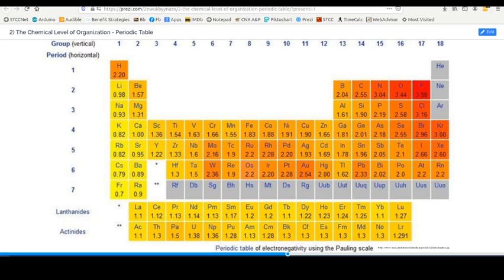Also, the shorter the distance from the protons to the electrons, or the fewer orbital shells between the protons and the electrons that are joining while an atom is bonding, the greater the electronegativity. So the big jump between lithium and hydrogen is really because lithium has two shells, and that second shell is going to be big enough to potentially hold 8 electrons. And hydrogen only has one shell that can only hold 2 electrons.